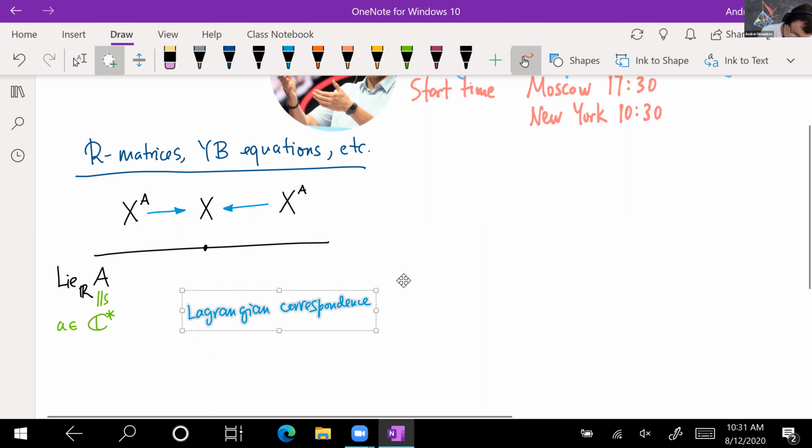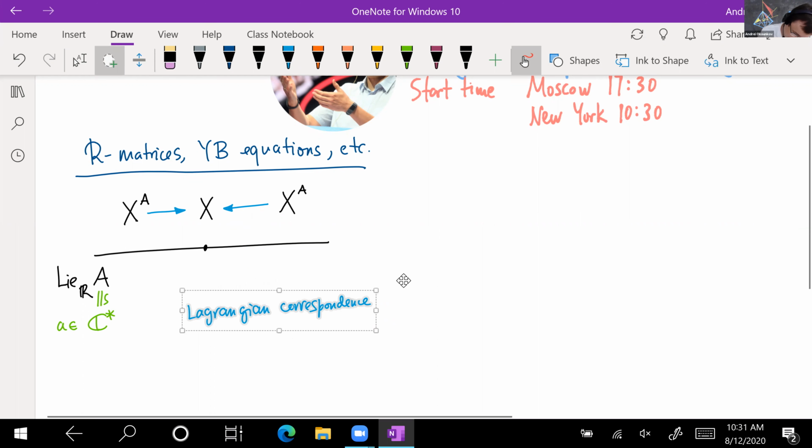And this map we're now going to shift by this determinant index.